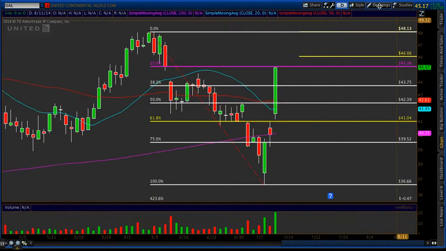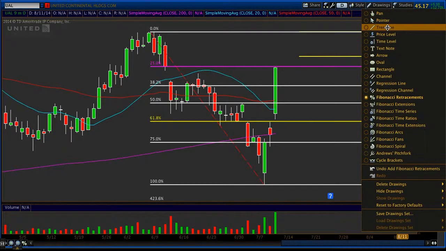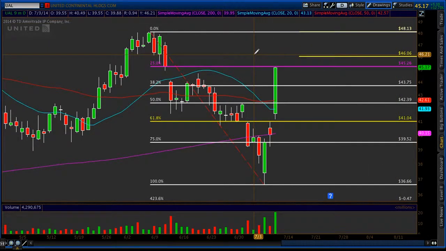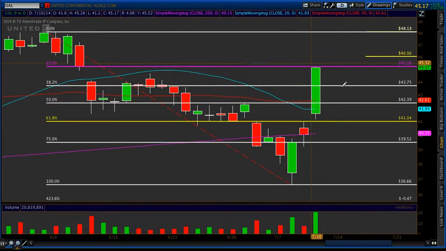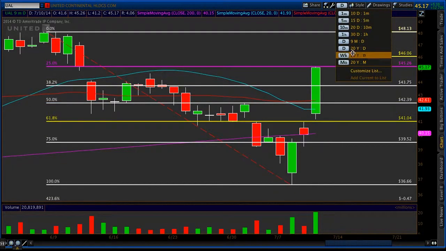Earlier today, I was looking at this chart on my phone. I was away from my computer, and the first thing I noticed was this gap here. The official gap fill is at 44.92, which is why I was looking at the 45 level. When I got home, I did my fib levels, again looking at the hourly chart.